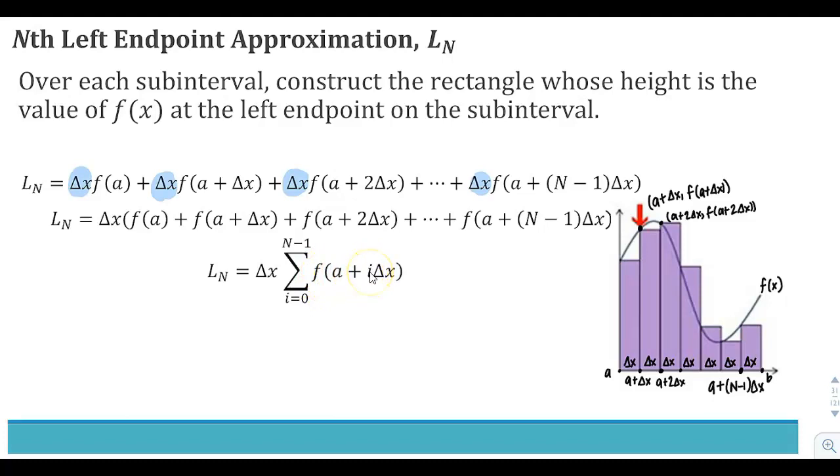So i is the indexing variable, that's what's changing. The first value of i is going to be 0 because there is no delta x in the first function height. It's just f of a. So if I substitute in 0 first for i, the delta x is gone. And the next value I'm going to substitute in is 1, and then 2, all the way up to the last indexing value, n minus 1, depending on the given n.